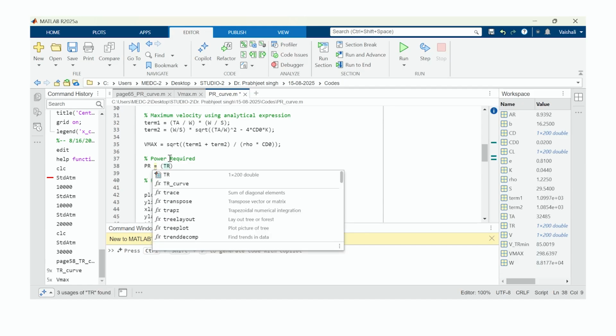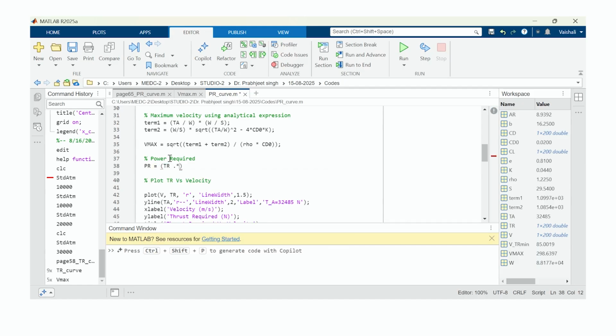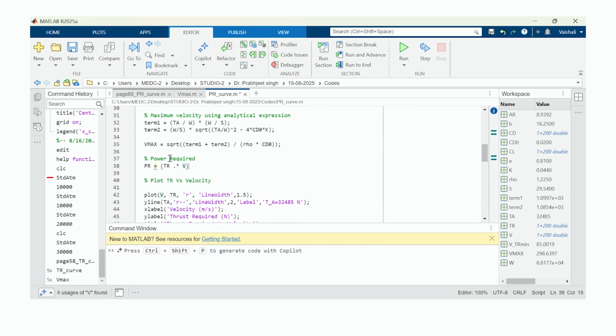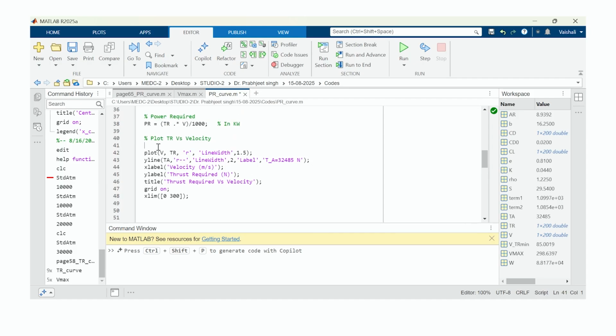Thrust required dot into V, remember dot into V is a vector. Okay, thrust required into velocity, and we will directly convert it into kilowatt.